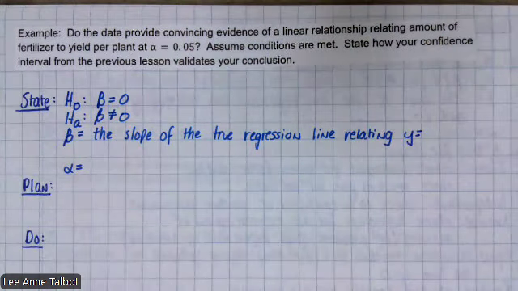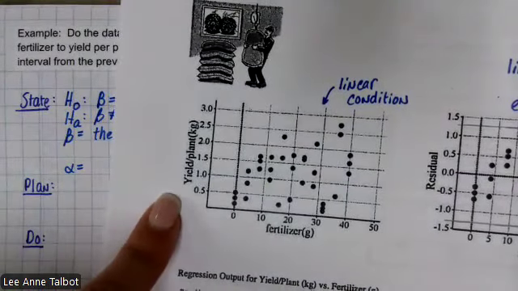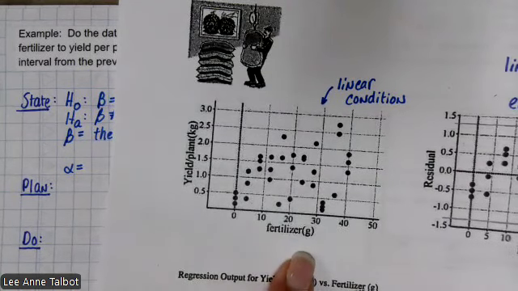Okay, so I'm going to direct you back to the graph so that you can see what Y is. It's yield per plant and X is fertilizer.